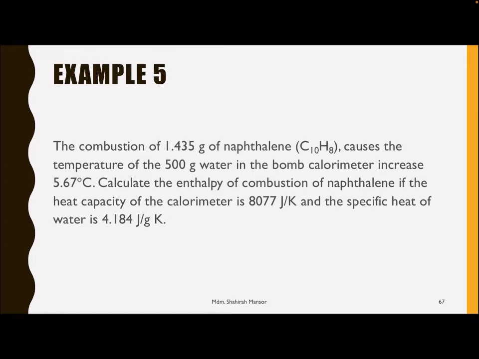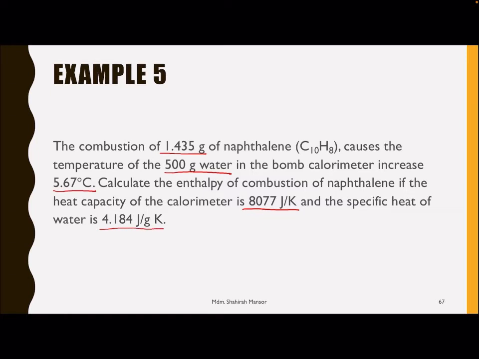Calculate the enthalpy of combustion of naphthalene if the heat capacity of the calorimeter is 8077 joule per Kelvin and the specific heat of water is 4.184 joule per Kelvin. So, in this question, we have this information, we have this one, we have this one, and this value.